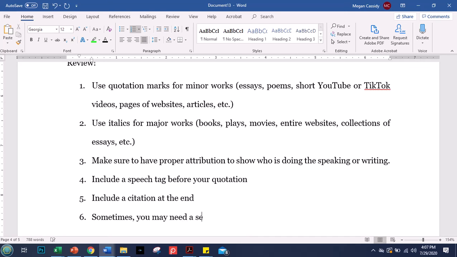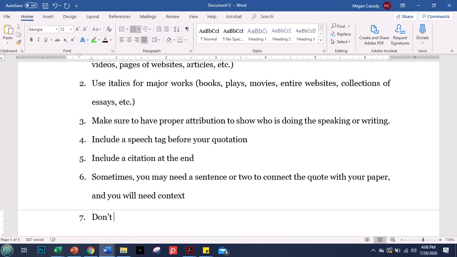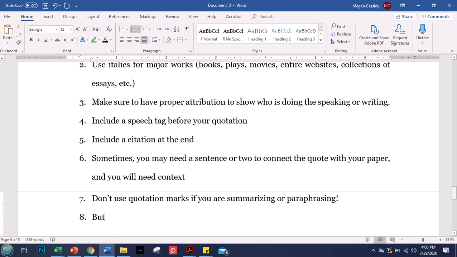Sometimes you may need a sentence or two to connect the quote with your paper, and you will need context. Don't use quotation marks if you are summarizing or paraphrasing. Okay. But still have a citation because those ideas are not your own.